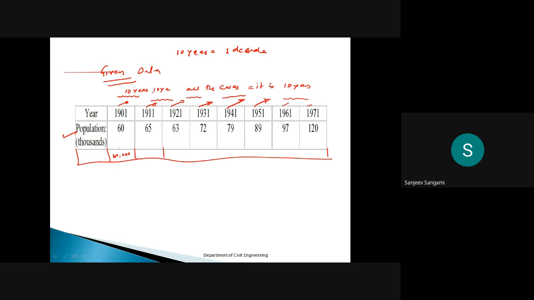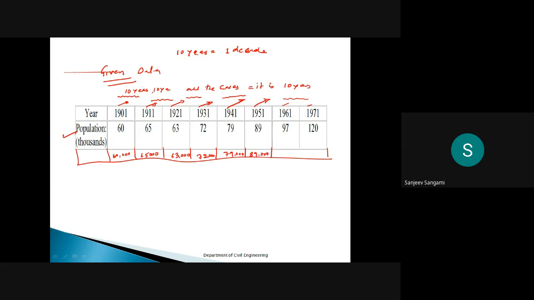Then it will be 65,000, here 63,000, here 72,000, here 79,000.